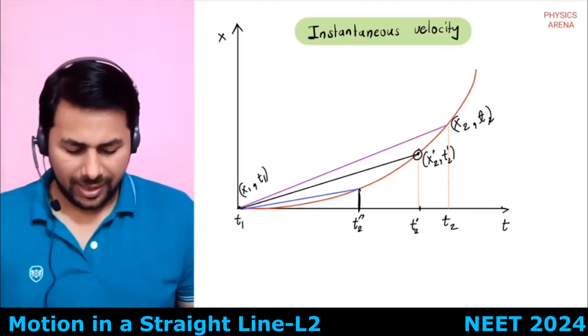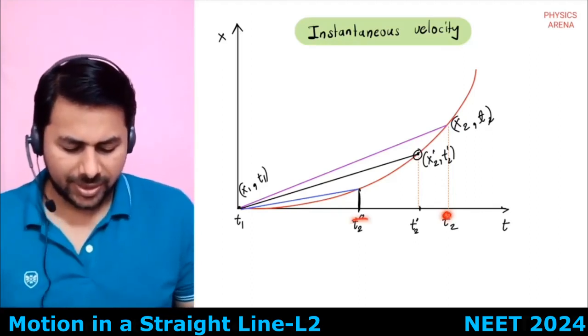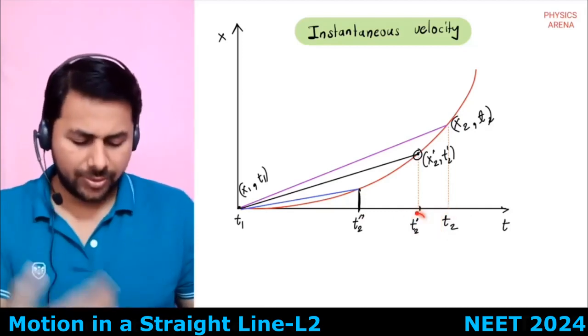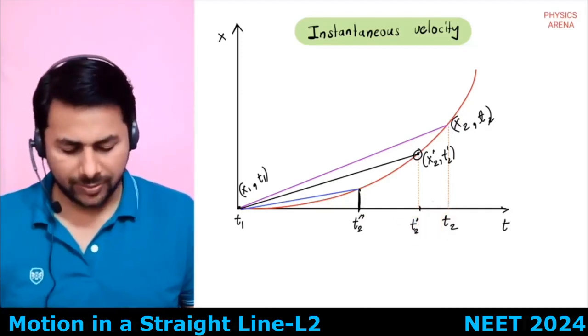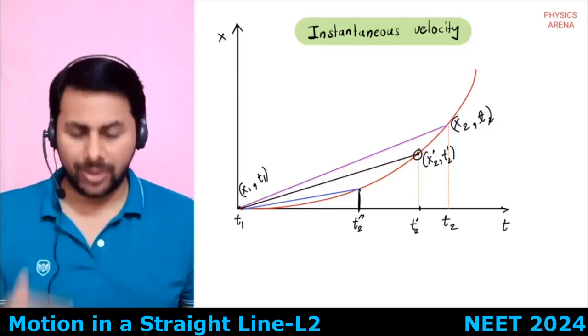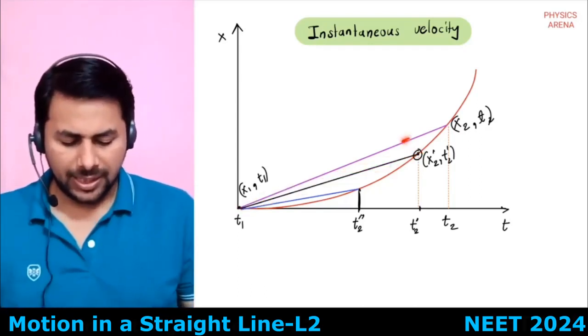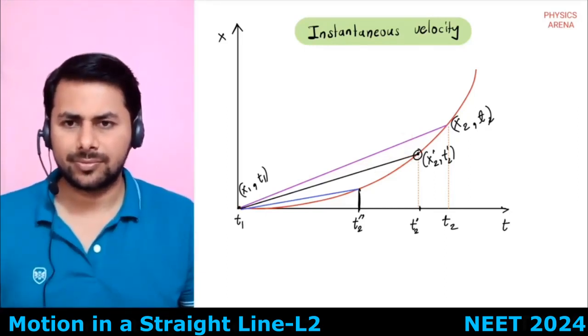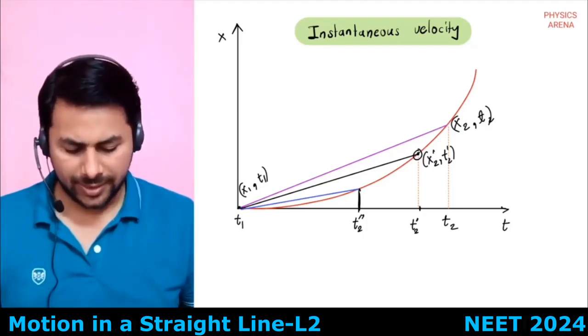Okay, as I move this time closer, as I go from t2 to t2 dash, what happens now? So this line whose slope gives me velocity, compared to this line, this one is closer to the graph, right?